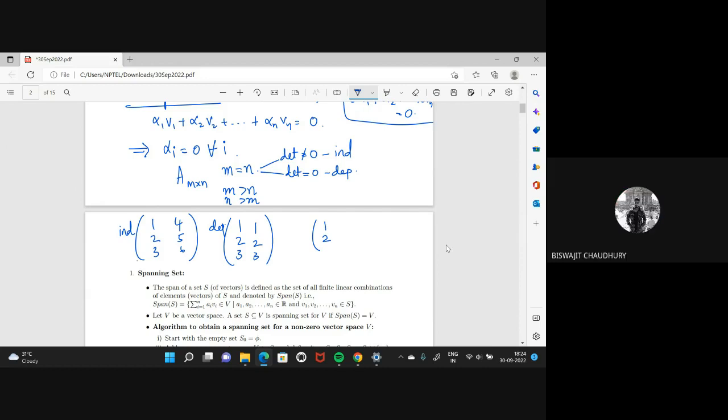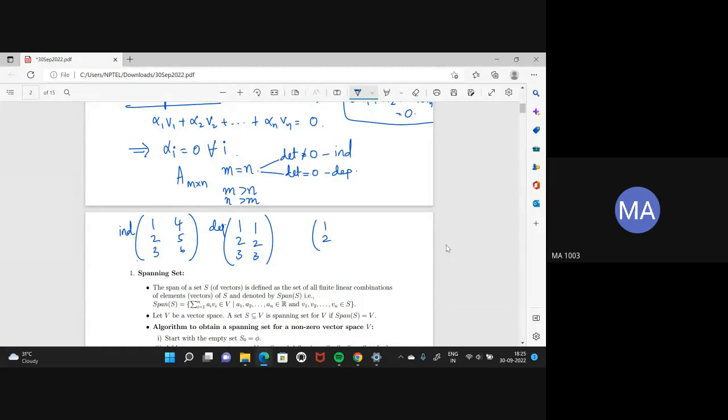Can we find the dependency by row echelon or reduced row echelon form? Yes. It was not a part of the content, but you can do row echelon form and then find out.